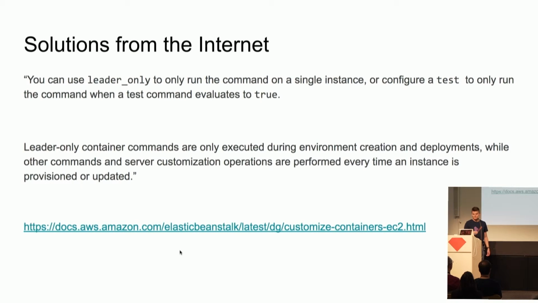But what's the problem? I mentioned scalability. So I recommend starting with load balancers from the very beginning, because first, you just need to think big. Whatever you launch may grow, and you will need auto-scaling. Some solutions from Stack Overflow or from the internet suggest using something called the leader-only flag.